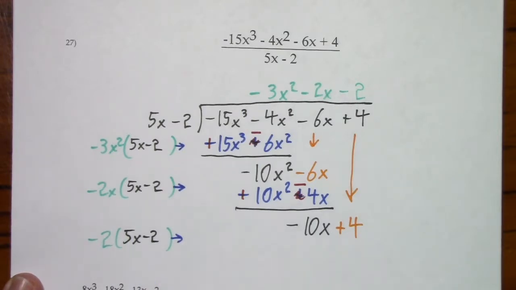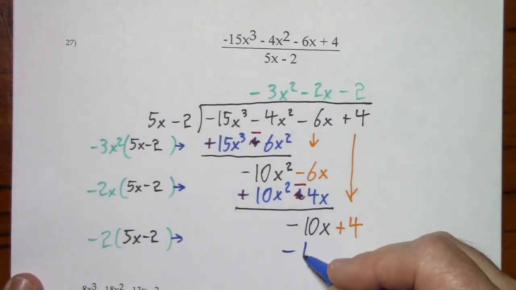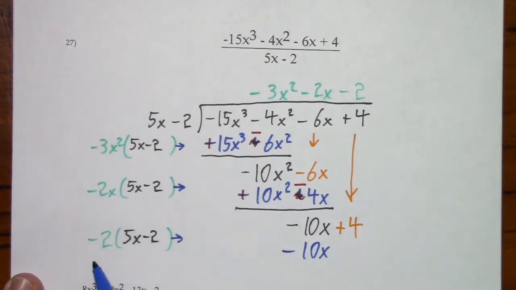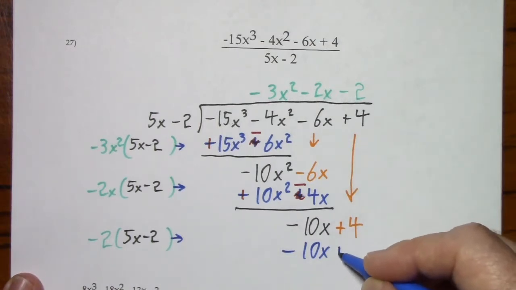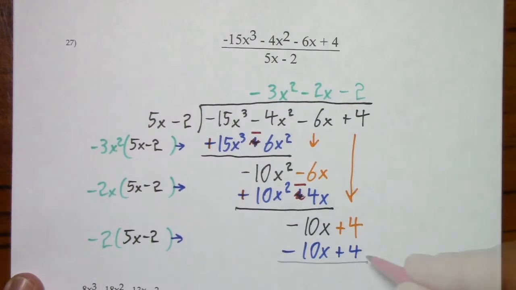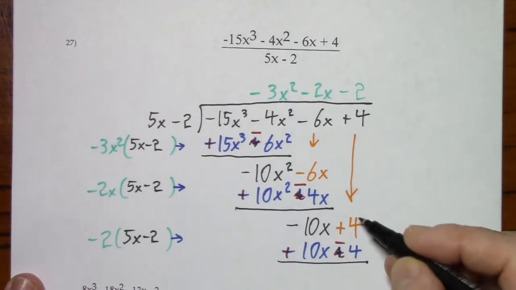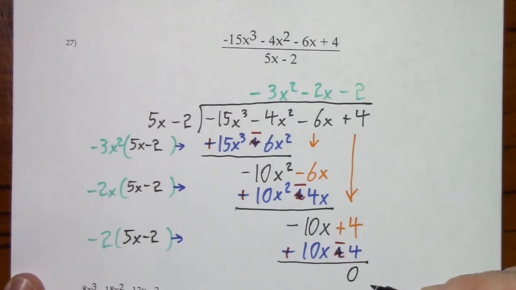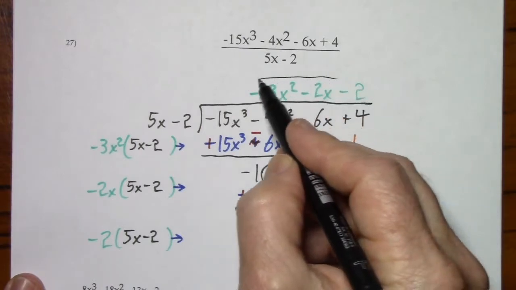So negative 2 times 5x, negative 10x. Negative 2 times negative 2, plus 4. And remember, you're subtracting, so you change these signs. That gives us a 0, and so does this. So this is our answer.